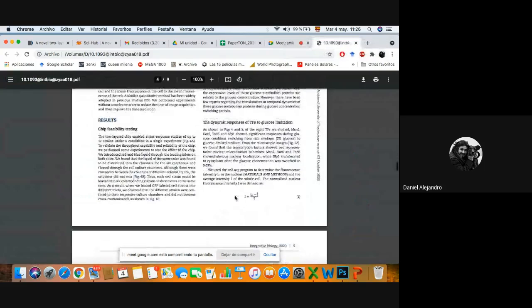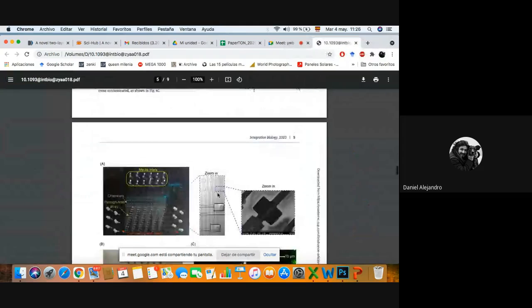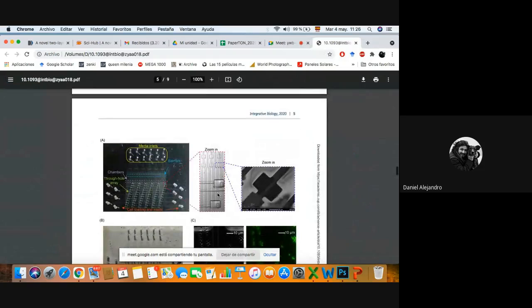In this case, GFP attached to several genes.